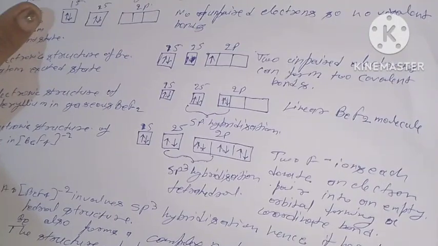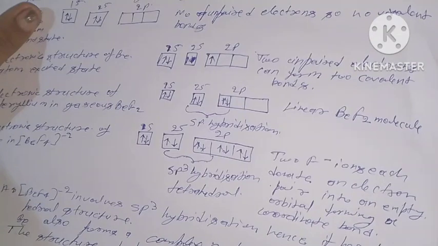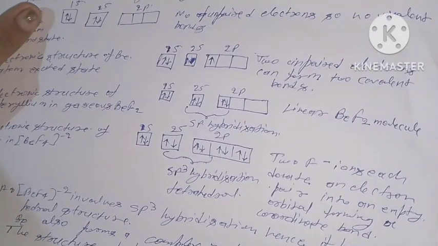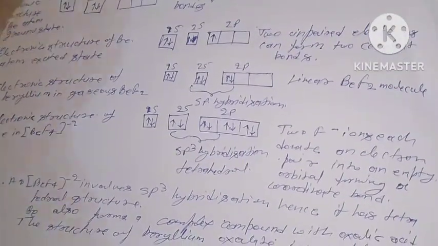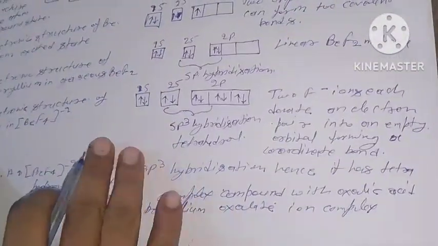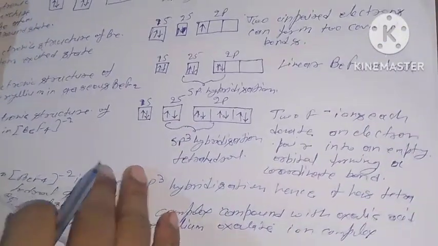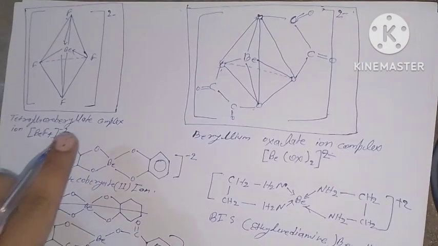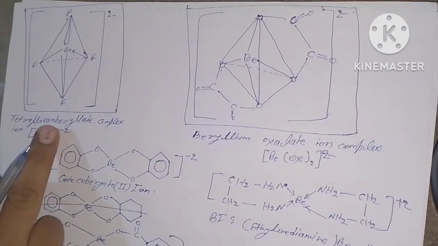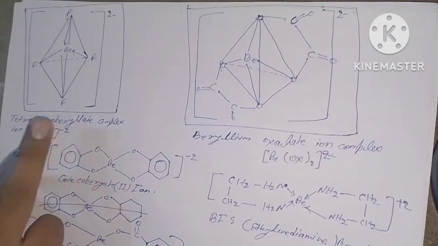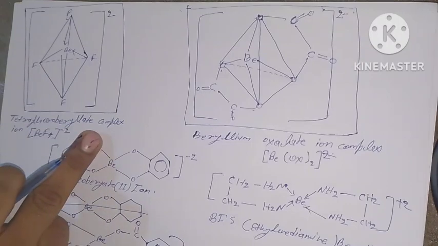The structure of beryllium oxalate ion complex. This is the tetrafluoroberylate complex ion.